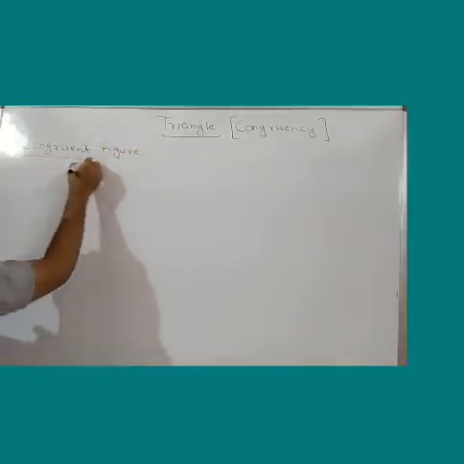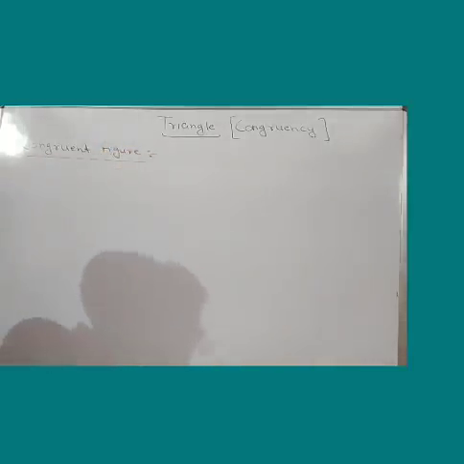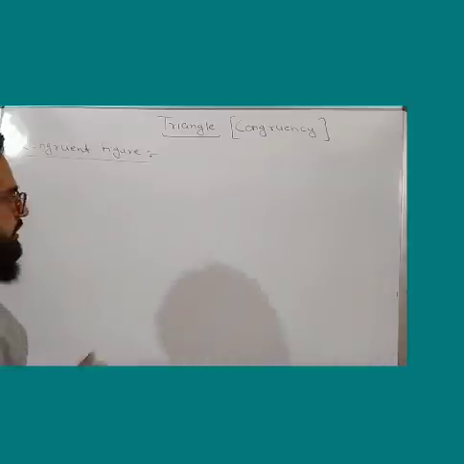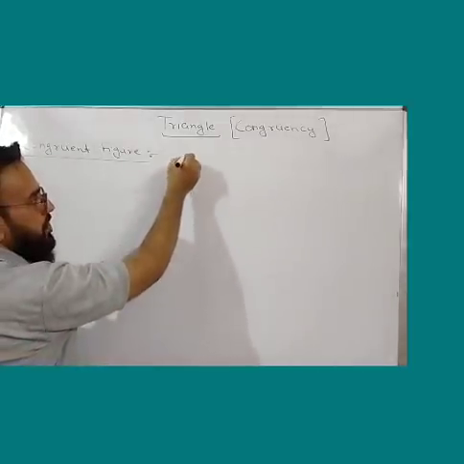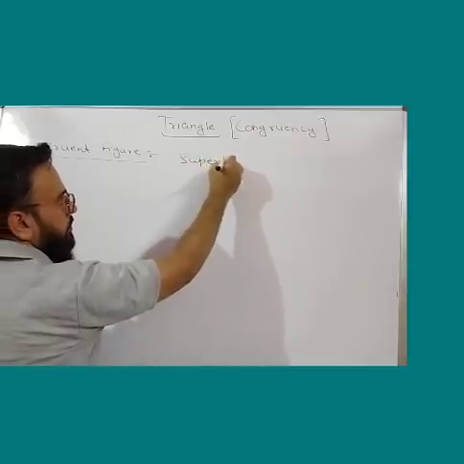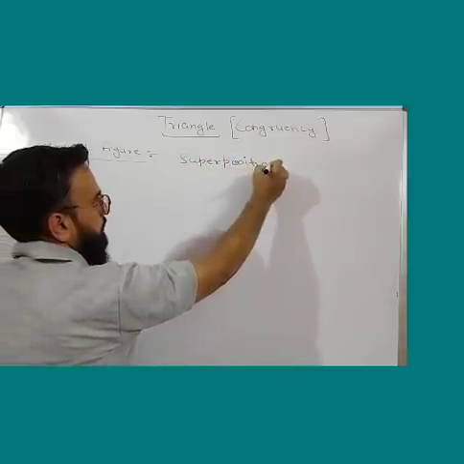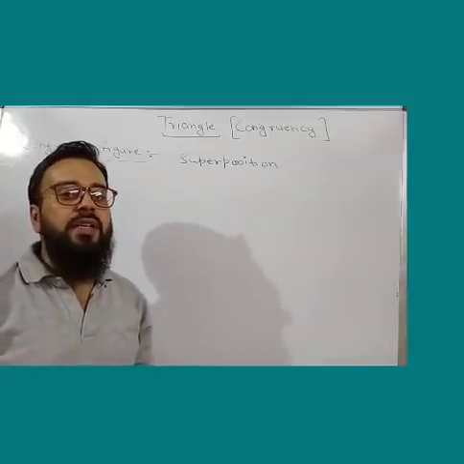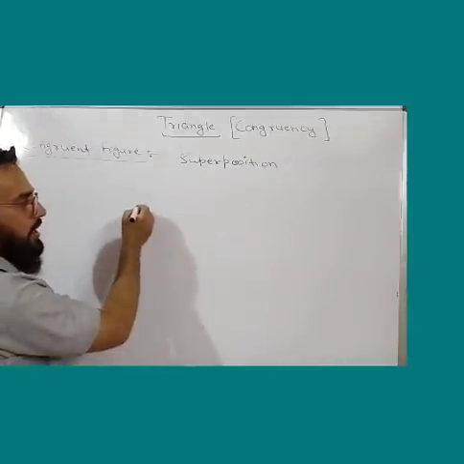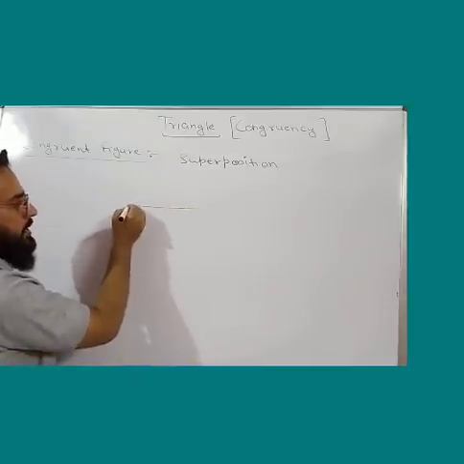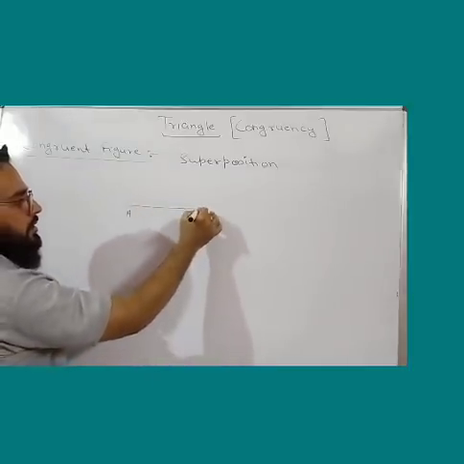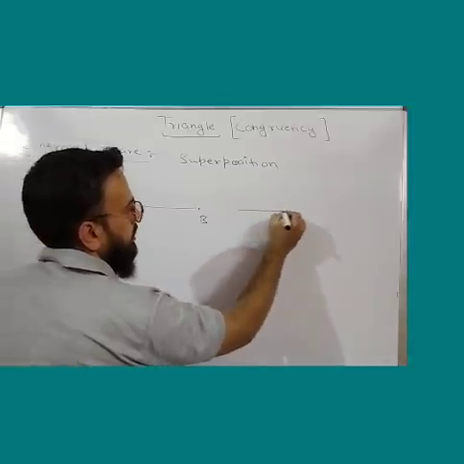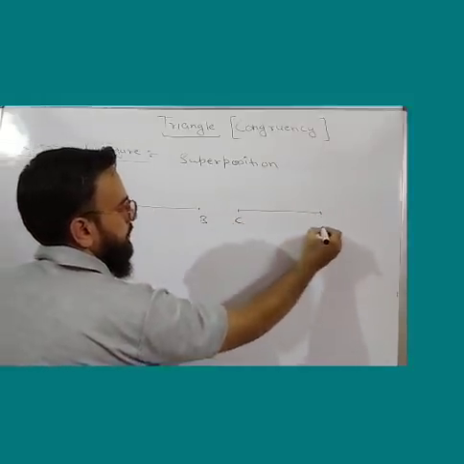You have already studied congruent figures in your previous classes also, but let us revise it. What is the meaning of a congruent figure? Which figure is called congruent? You have studied superposition. Superposition or superimposition means, if two figures are given, suppose we talk about lines, and we are given two lines, one line is AB and another line is CD.